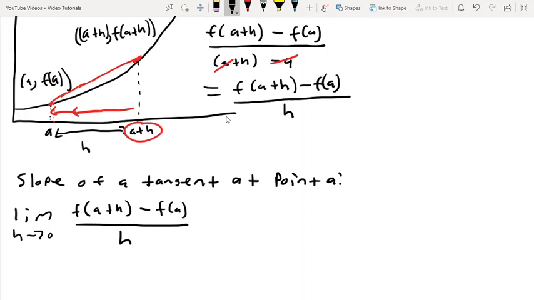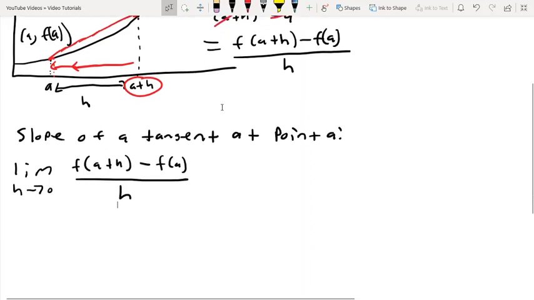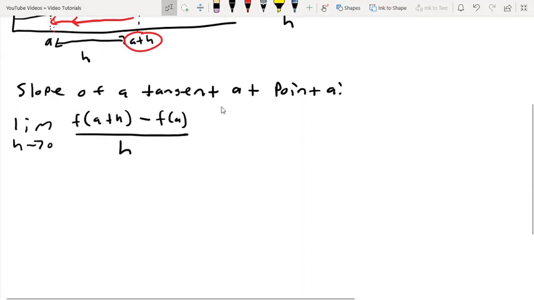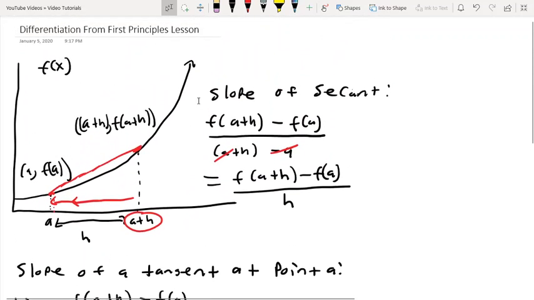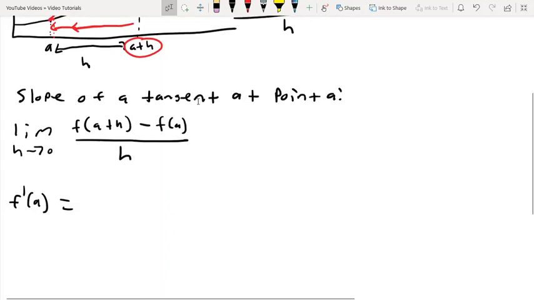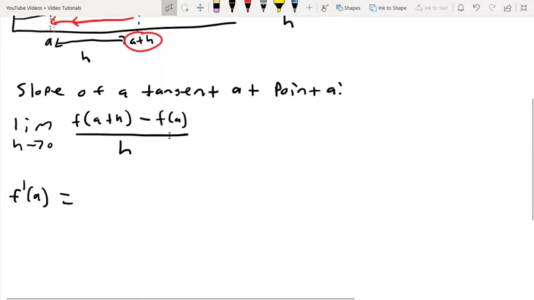That is the slope of a tangent at point A. And what we'll see, this is actually a function. And what we write this function as is f prime a. This is called the derivative function, because we can put in any point A on our original function f of x, and we can find the slope of a tangent line at that point. And this is incredibly useful in calculus.